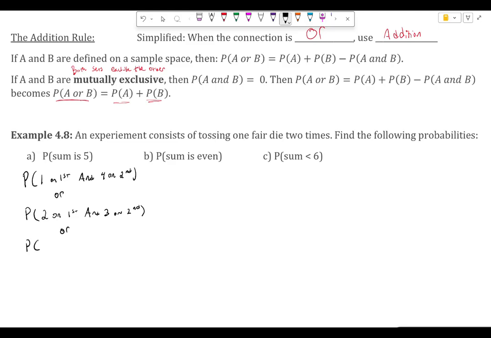Or the probability of a 3 on the first and a 2 on the second. Or the probability that we have a 4 on the first and 4 plus 1 on the second.